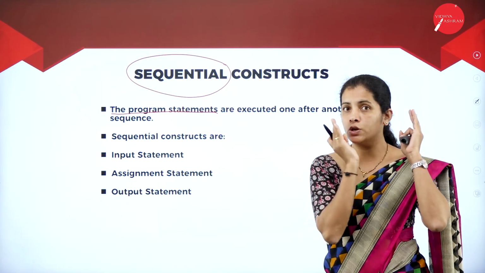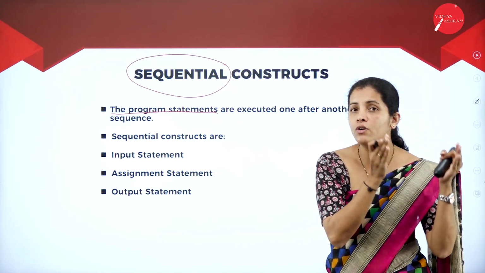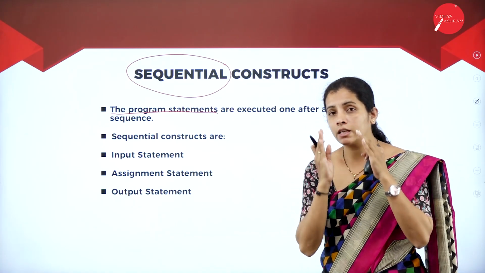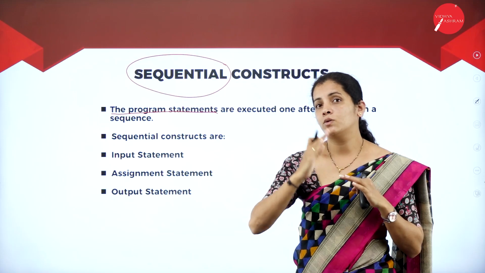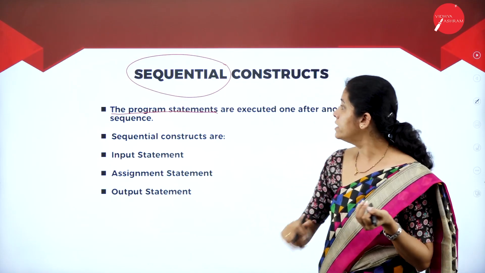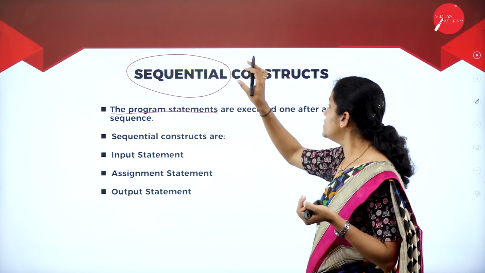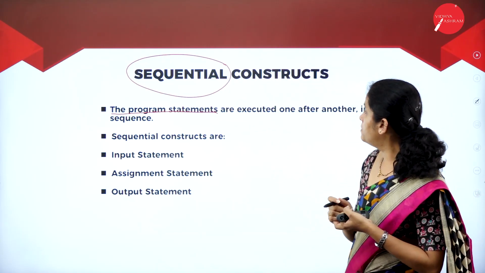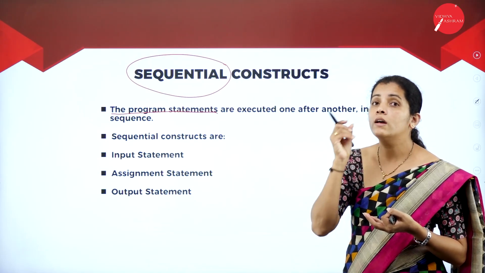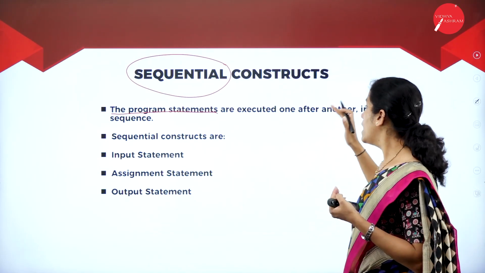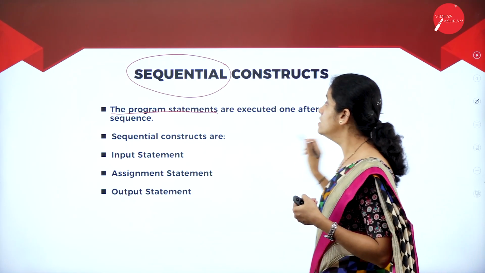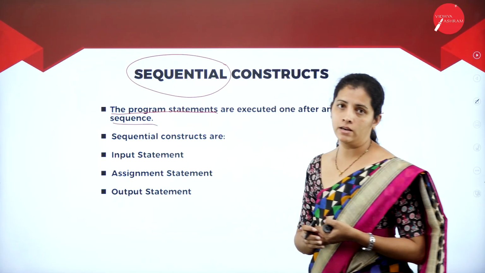That means execute the first line, after the completion of the first line, go to the second line, execute the second line, after the completion of the second line, go to the third line. This process continues. So the sequential construct is nothing but the execution of code or lines one by one, one after another in a sequential manner.